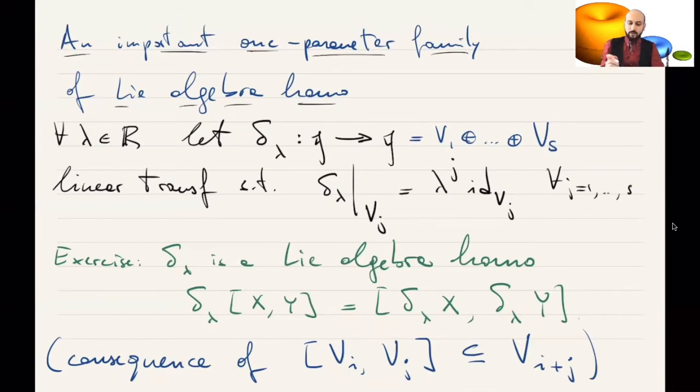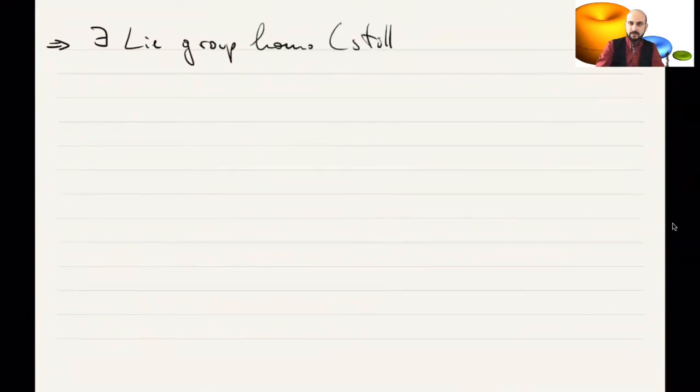All right, so we have for each λ a Lie algebra homomorphism on the Lie algebra. Now, since the group is simply connected, there exists a unique Lie group homomorphism, which we still denote as δ_λ.